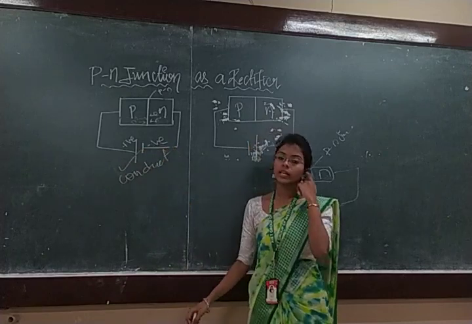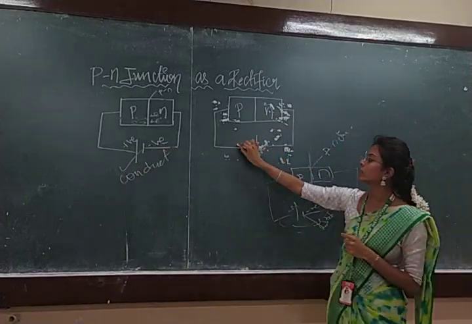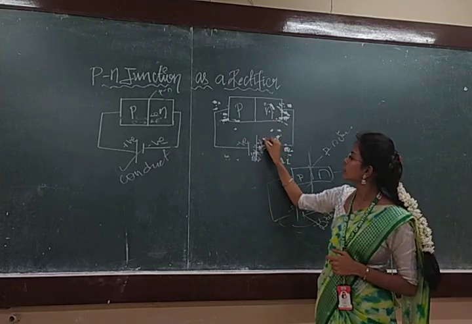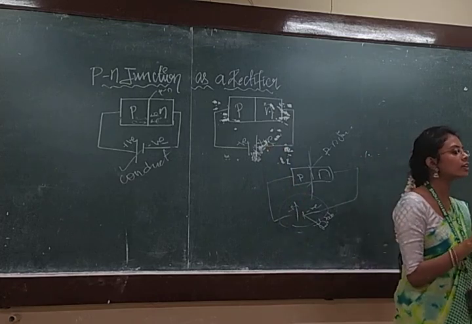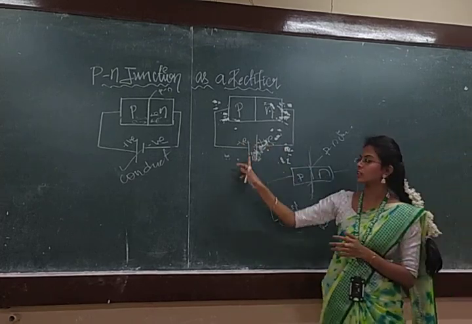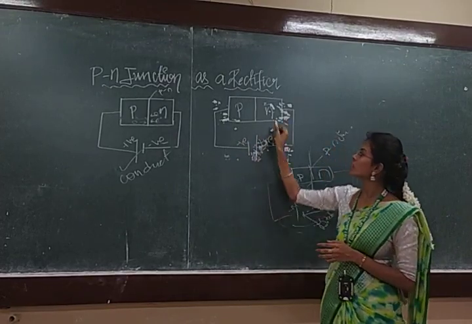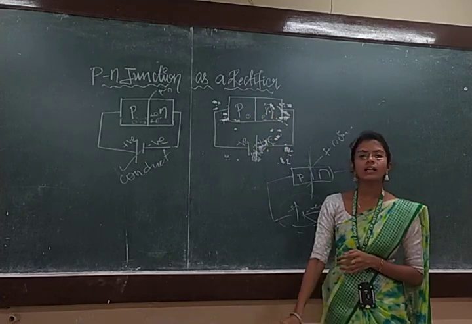Okay, now in the second case, I am connecting the P-type semiconductor to the negative terminal and the N-type semiconductor to the positive terminal. Reverse. Reversely I am going to connect. Now who are the charge carriers in the N-type? Electrons, right?